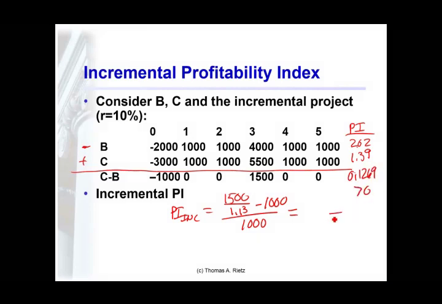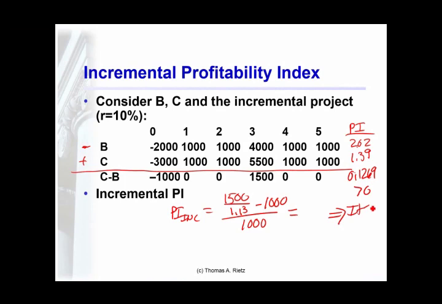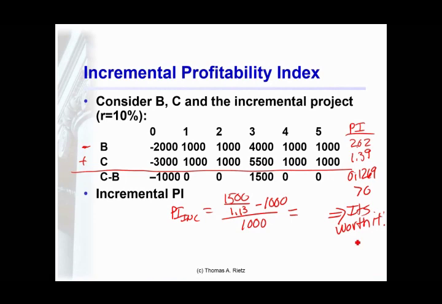That's greater than 0. So it's worth making the additional $1 million investment to bump up to Project C. It's not as high a return as the initial dollars invested, but it's still a better return than what you demand.